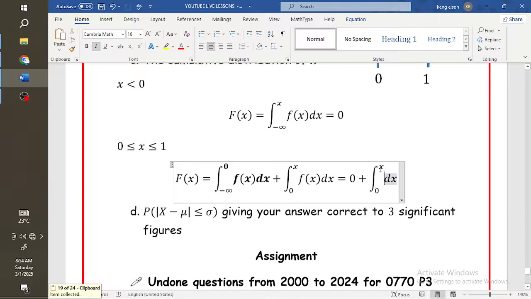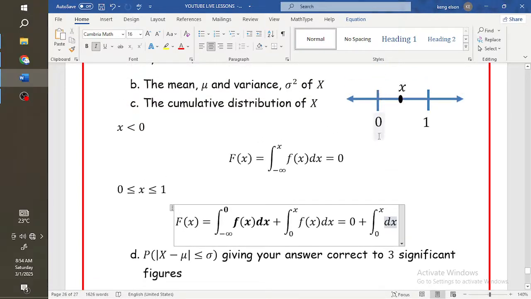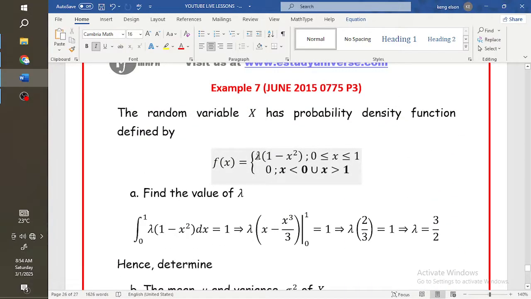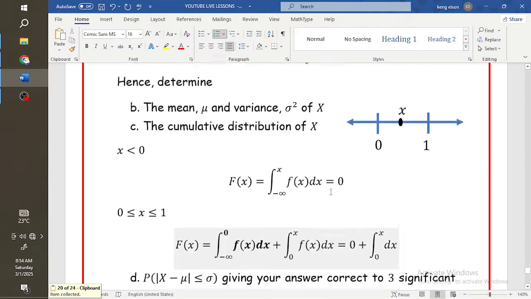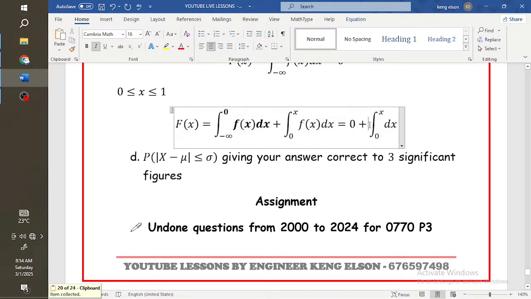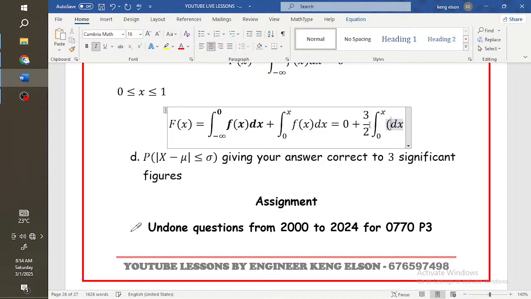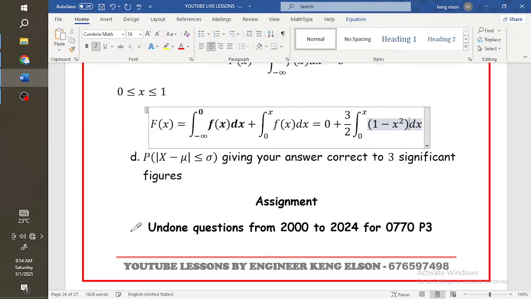Now what is f of x? If I'm integrating from 0 to x, this x is in the interval 0 to 1, and when x is in the interval 0 to 1, the f of x is lambda into 1 minus x squared. We already have lambda as 3 on 2, so I'm going to put 3 over 2 outside, into 1 minus x squared.